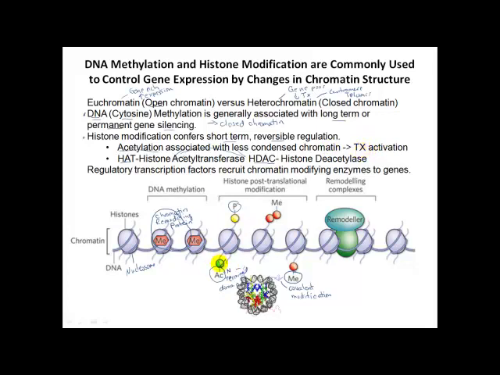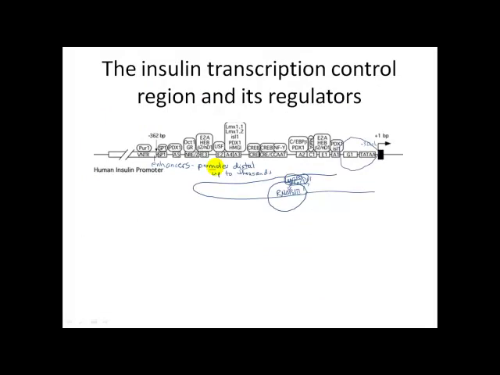Now, what would cause a HAT or an HDAC to interact with this specific gene region as compared to some other? Well, very often these regulatory transcription factors that we talked about before, binding to enhancers, these could actually be recruiting these HATs and HDACs to this gene region.